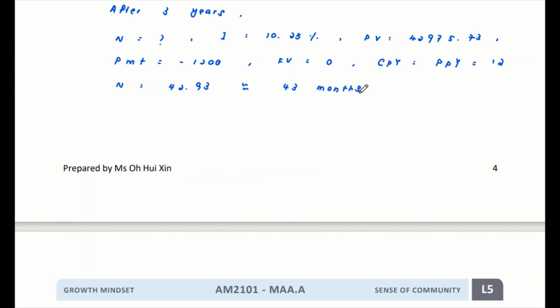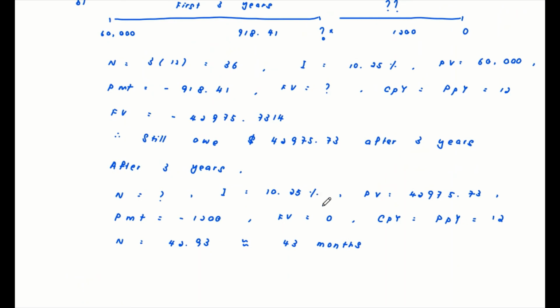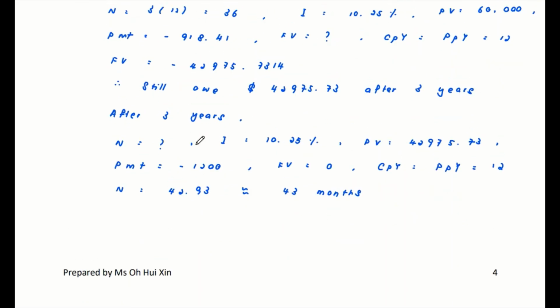So when you try to compare to our previous one, we might want to find out the total first. So the total will be your starting, you still have 3 years, right? So don't forget that. So 3 years, you pay for 12 times, then after that plus 43. So which means 36 plus 43, you need 79 months.